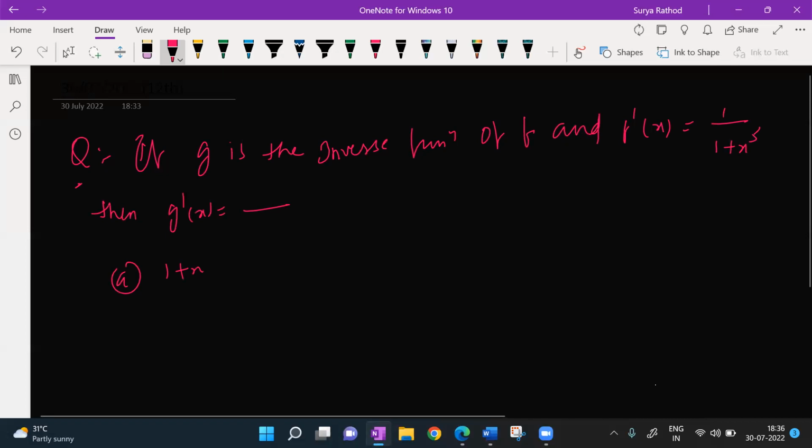Option A, 1 plus x to the power of 5. Option B, 5x to the power of 4. Option C, 1 by 1 plus G of x to the power of 5. Option D, 1 plus G of x to the power of 5.